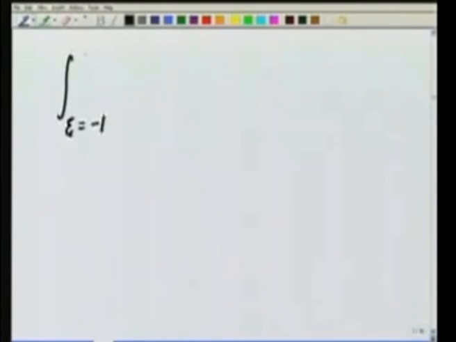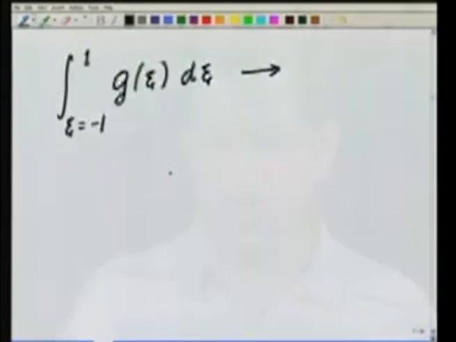Then what we are going to do is, this integral that we have defined, where g of psi is a generic integrand, will now be given in terms of a numerical integration.